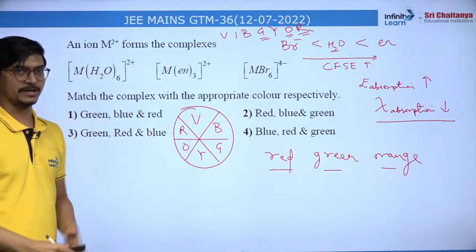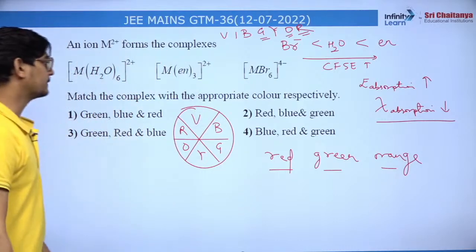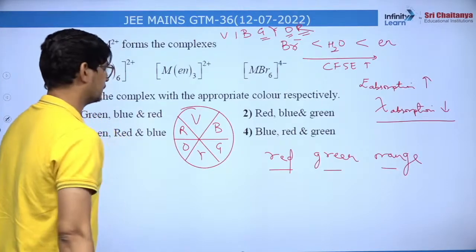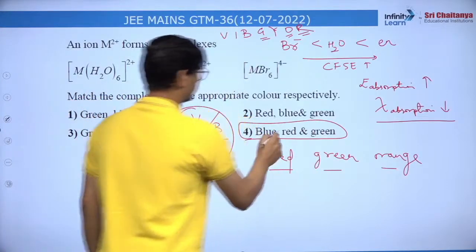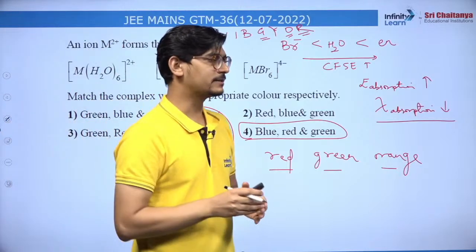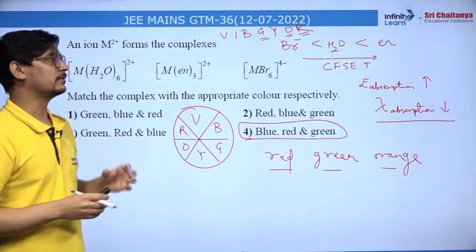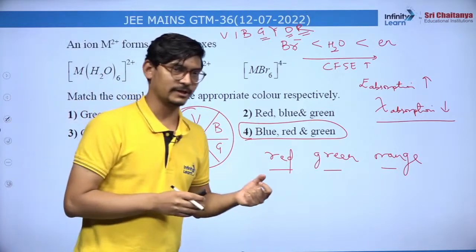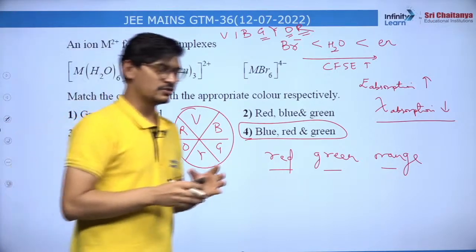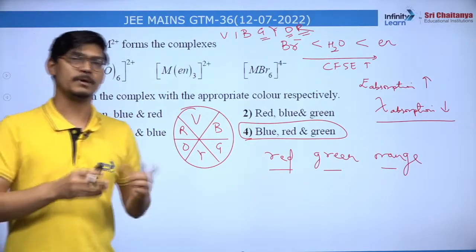Find that out and relate it to the corresponding complex. So you will find that the correct answer is this option. Why? The strong field ligands absorb towards the blue end of the region, so they appear yellow, orange or red. Whereas weak field ligands absorb orange, yellow, red, and hence they show colors like blue, purple.